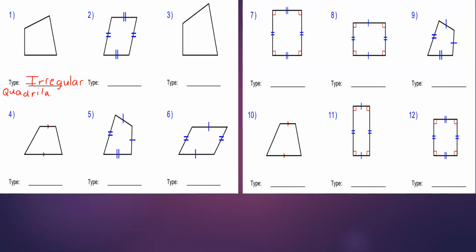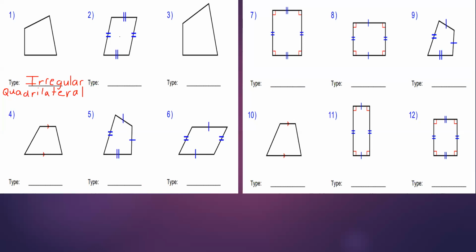All right, number 2. Alasia, what did you get for number 2? A parallelogram. Well, all sides are equal. For a parallelogram, all sides are not equal, only opposite sides are equal.